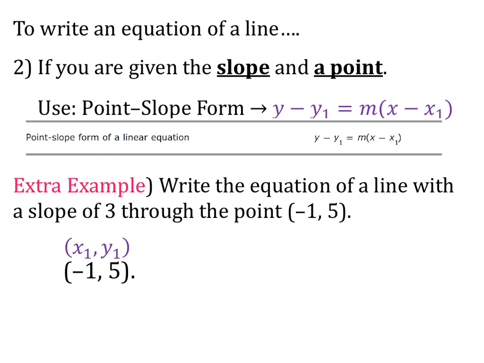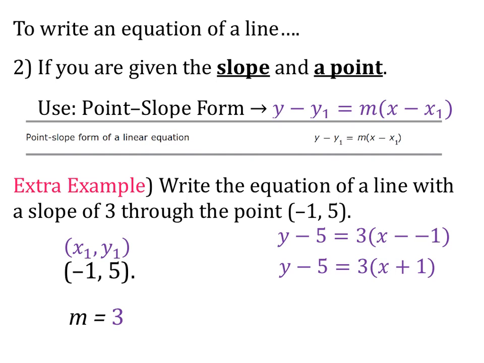So let's start by identifying our x1, y1 values. So -1 will be your x value and 5 is your y value. Next, we identify our slope as 3. So you substitute those values, so you get y minus 5 equals 3, parentheses, x minus negative 1. And then we go through and simplify.